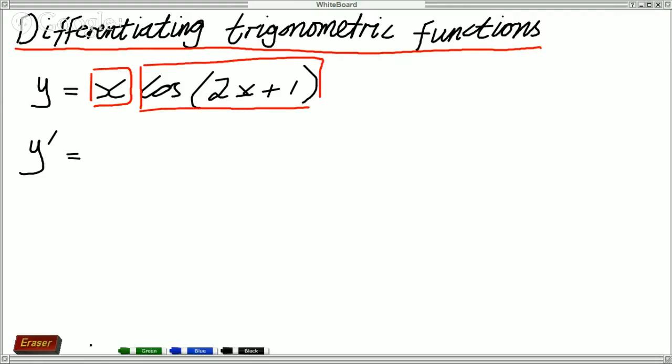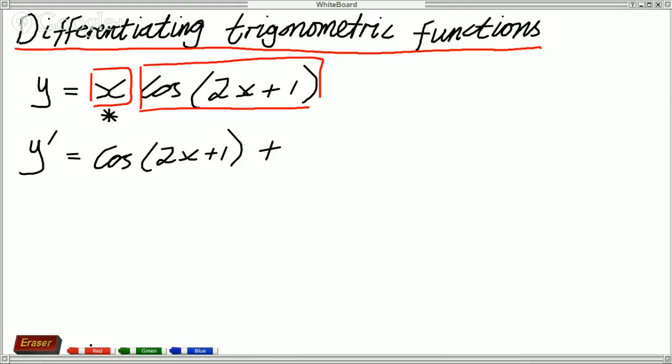So we need to remember how to do that. Basically the product rule is you differentiate one at a time. So I'll differentiate this one first, and I'll get 1 times cos 2x plus 1. I'll just write that as cos 2x plus 1.